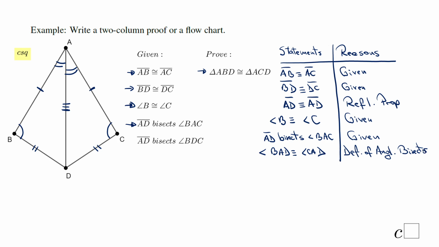And very similar, we're going to do the last pair of angles. Look here, we have AD bisects angle BDC, so that means these 2 angles, this one and this one, are congruent. So very similar to what we did before. For the last 2 steps, we're going to say AD bisects angle BDC, and this is given to us, right?